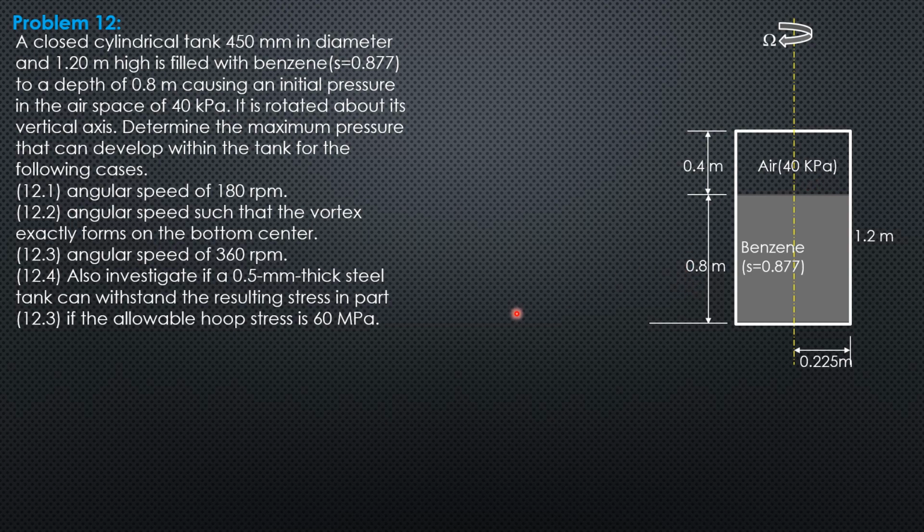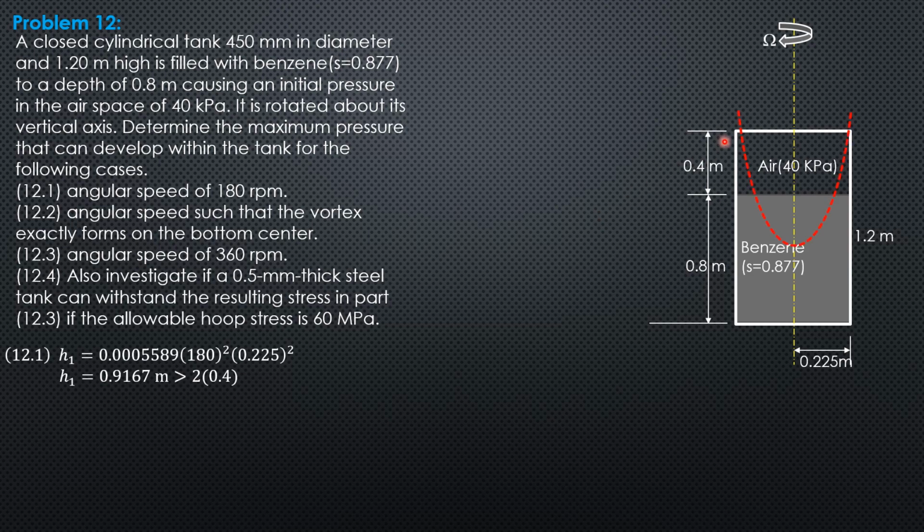For the first case, H1 is equal to 0.0005589 times omega 180 squared times radius 0.225 squared. So H1 is 0.9167 meter, which is greater than 2 times 0.4. Meaning, the imaginary parabolic surface of equal pressure of 40 kilopascals will extend crossing the top cover, as shown in the figure.